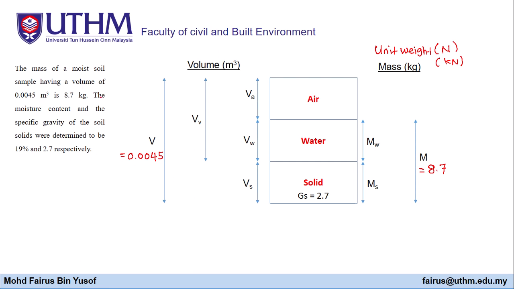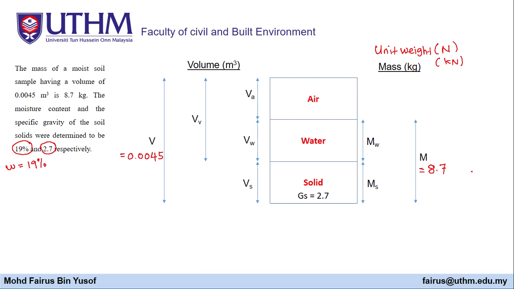And we also know the moisture content, W, equal to 19%. And this is the specific gravity, 2.7, right? So we have to write here Gs equal to 2.7, right?